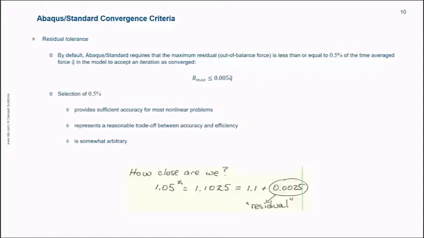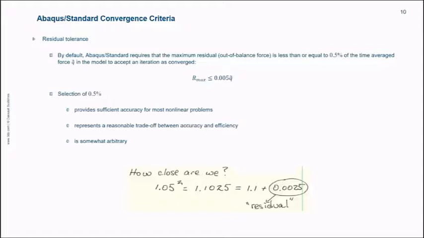And that ratio, R max over Q tilde, is less than 0.005. This number, 0.005, is somewhat arbitrary. It represents a reasonable trade-off between accuracy and efficiency, and it's what's sufficient for most cases. It is a user-definable parameter. If you want to go around changing these things, it is possible to do that.